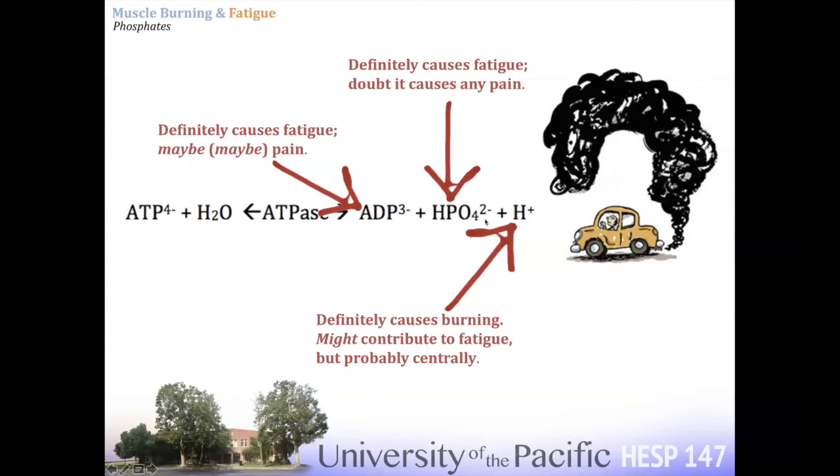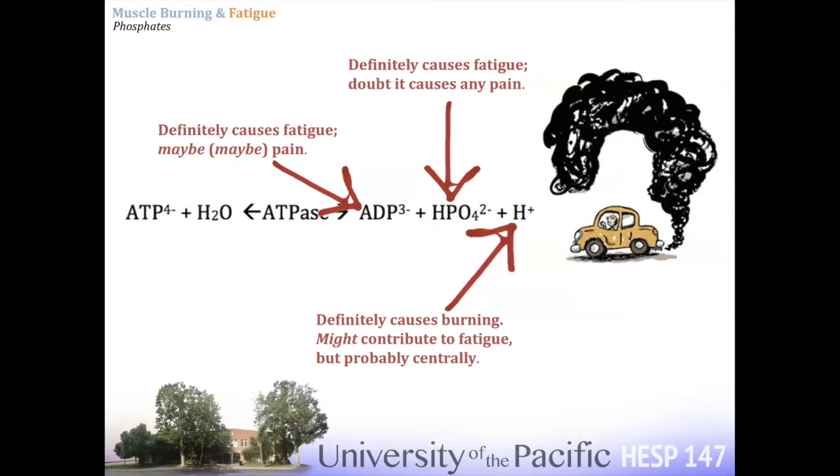So this is definitely a cause of fatigue, and I'll let you make up your mind whether it is 100% central and all the cellular stuff is irrelevant, or a combination of central and cellular, which is my assumption. The ADP, definitely fatigue. I don't know, maybe there's a little bit of pain, and if we're looking at the adenine pool, we know ATP is a neurotransmitter.